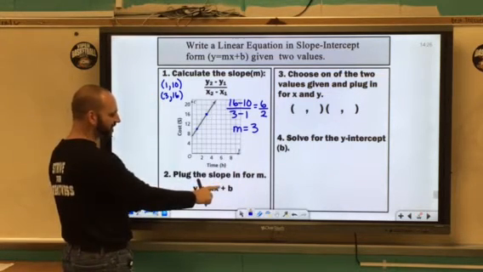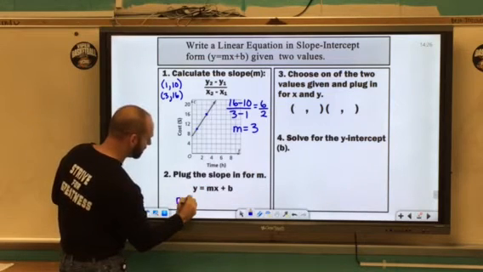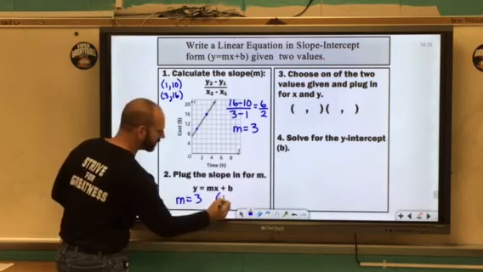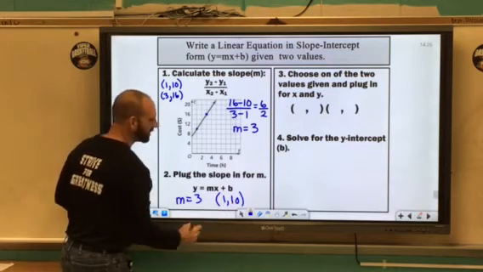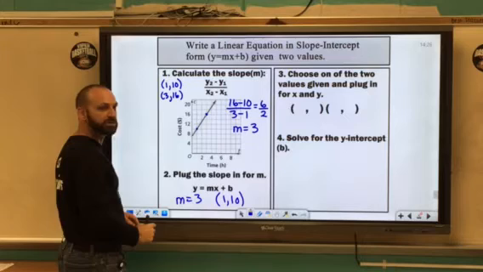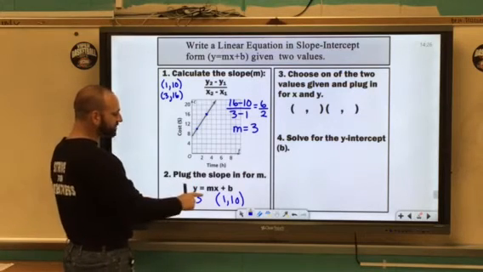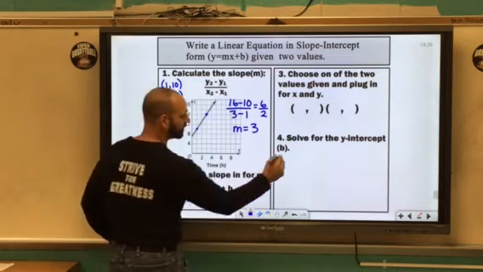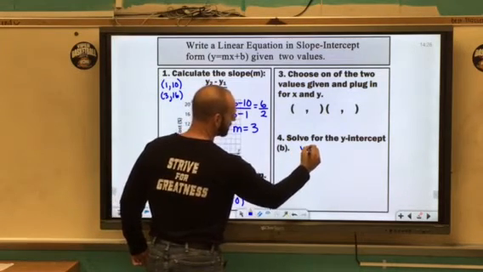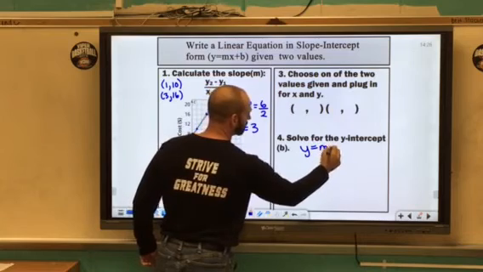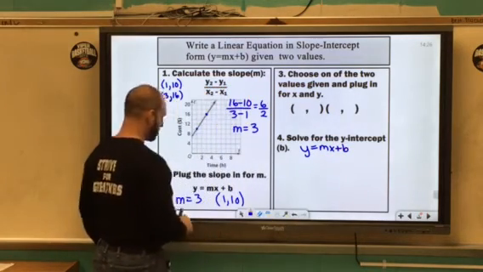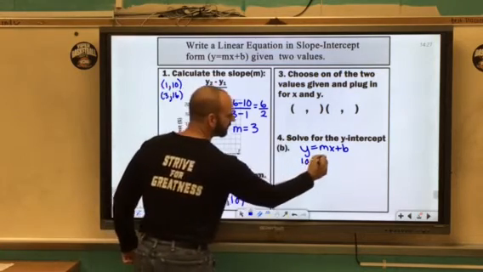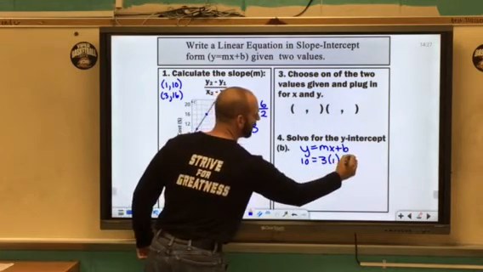Now I can plug that slope in. I've got m equals 3, and I can choose one of these points. I'll do 1, 10. That'll help us find our y-intercept. So we're going to go over here, okay? And we're going to take our equation here, and we'll plug in 10 for y, plug in 3 for m, and 1 for x.